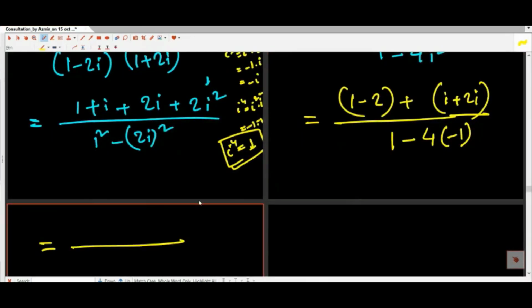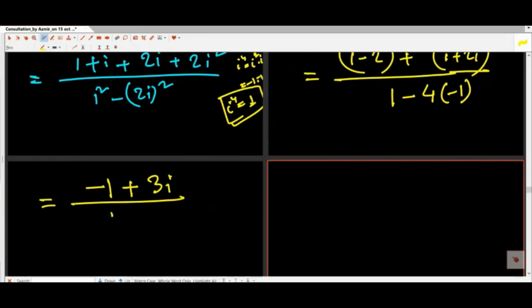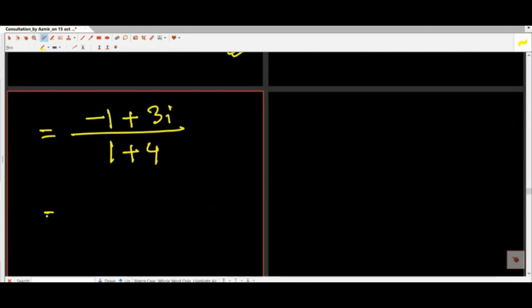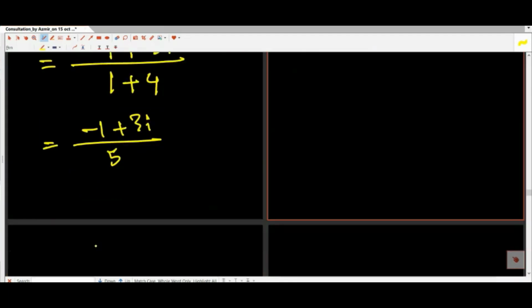So now we have in the upper part 1 minus 2, that is minus 1, plus i plus 2i, it is 3i. In the denominator we have 1 plus 4, minus times minus 1, it is plus. So we have minus 1 plus 3i over 5.